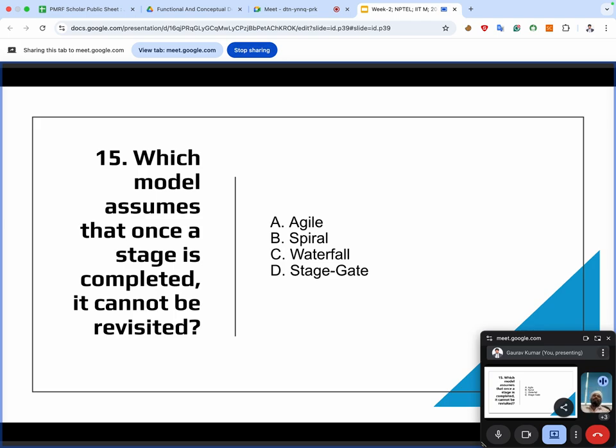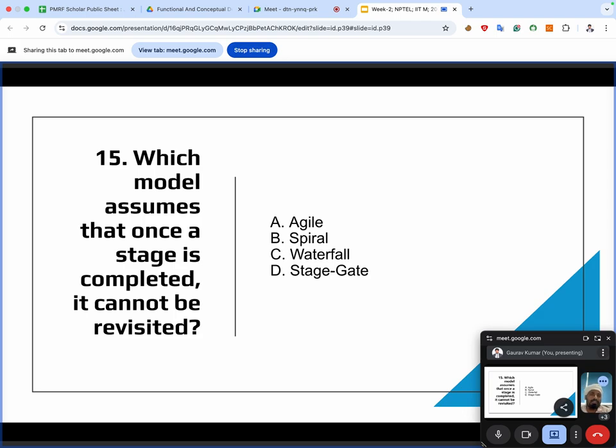Which model assumes that once a stage is complete, it cannot be revisited? Okay, waterfall. Yes. Why waterfall? Because this model follows a linear approach, where completed stages are not repeated. This is a linear model.